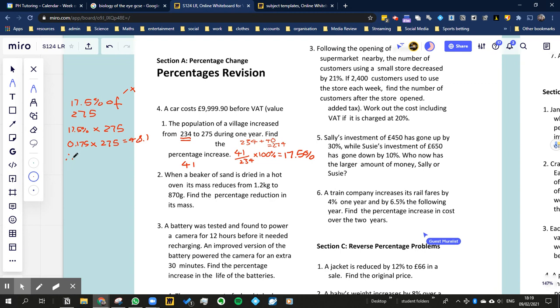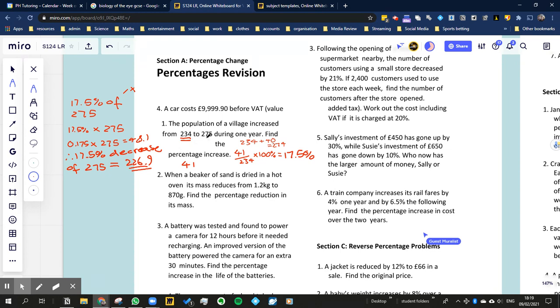So 17.5% decrease of 275 equals 275 minus 48.1, which equals 226.9, not 234. So this is the kind of thing that people make mistakes with, and it's like, what do I do the percentage of?